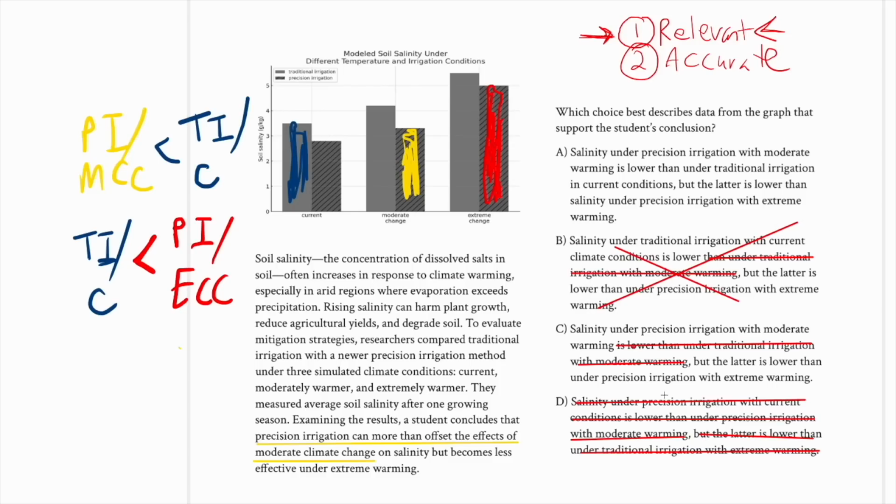Okay, B, salinity under traditional irrigation with current climate conditions is lower than under traditional irrigation with moderate warming. Nope. Traditional irrigation with moderate warming, not one of the conditions. So we can eliminate B, C, and D without even checking the accuracy because each of them brings in a category or condition that is not relevant to the conclusion. A had better be correct, but let's just go ahead and read it to make sure.